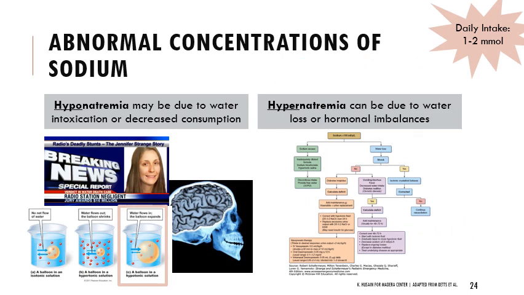So I'm going to walk you through each main electrolyte, and we'll talk about abnormal concentrations of them, starting with hypo, or low levels, and then hyper, or high levels. Hyponatremia is the term for decreased or abnormally low sodium. The necessary daily intake of sodium is 1 to 2 millimoles.